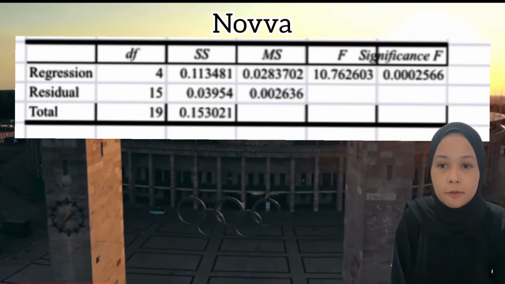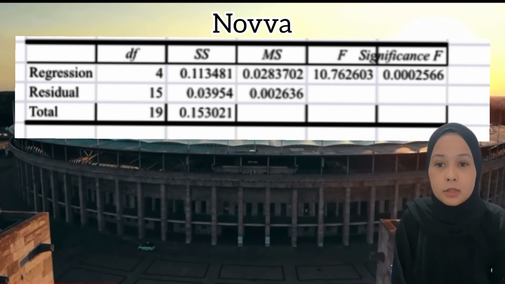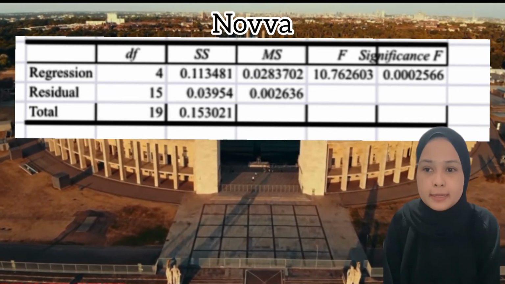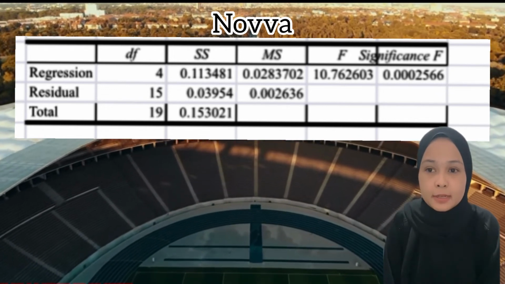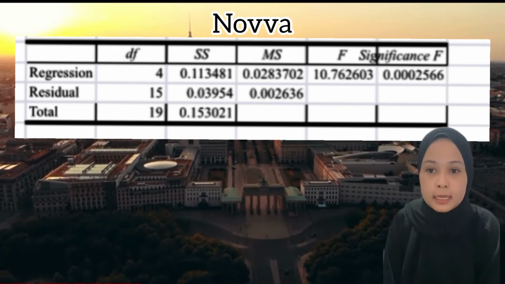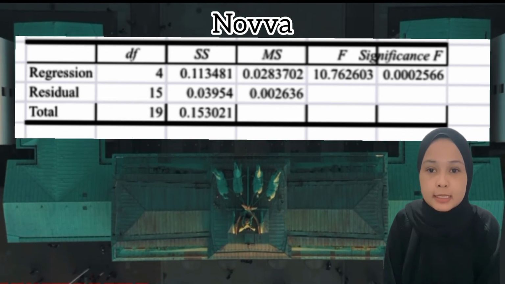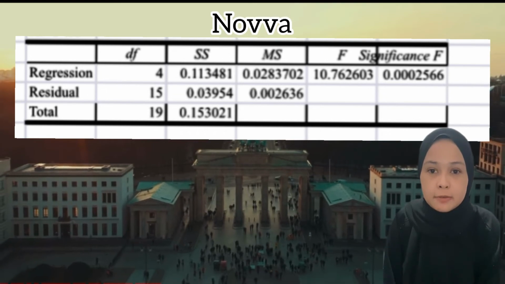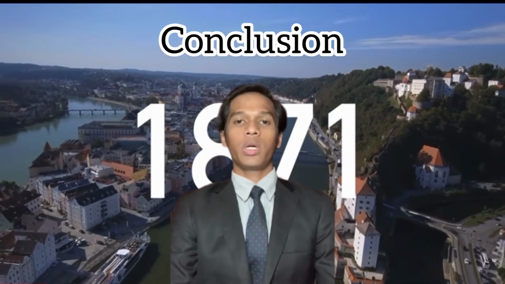The degrees of freedom for regression is 4 and for residual is 15, and the total is 19. The mean square of regression is 0.028370237922341, and for residual is 0.00263600152315709.